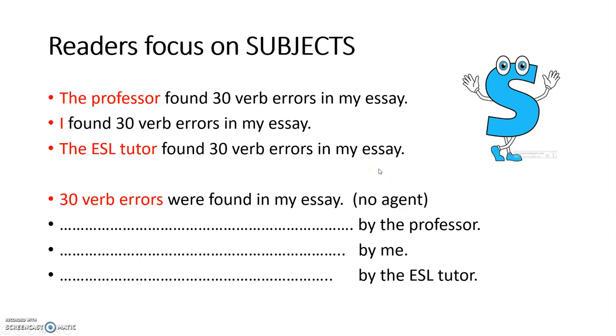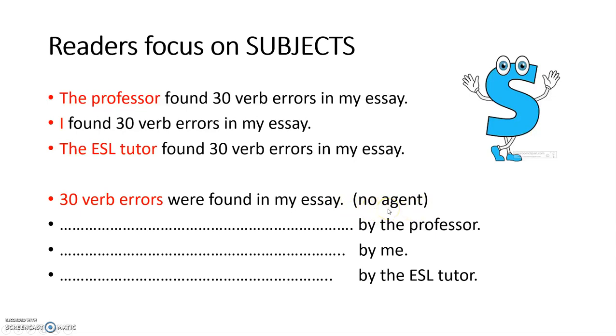If you change it to passive voice, subject, verb, object, you're going to use the object, 30 verb errors, and that's going to be the subject of your passive sentence. 30 verb errors were found in my essay. So this first example has no agent.